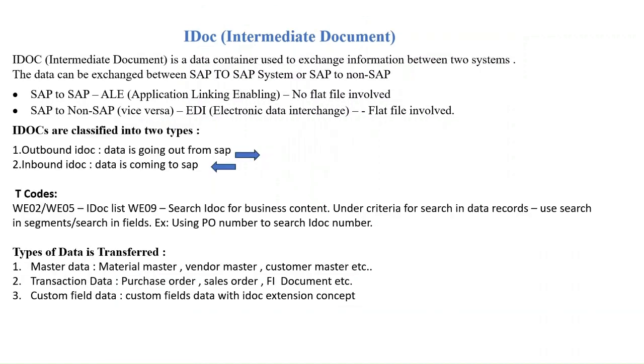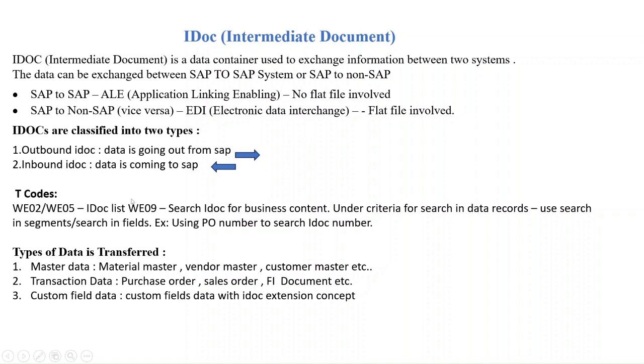Here we are going to learn that IDOCs are classified into two types: outbound IDOC and inbound IDOC. Outbound IDOC means data is going out from our system. Data coming from an external system into our system is called an inbound IDOC.